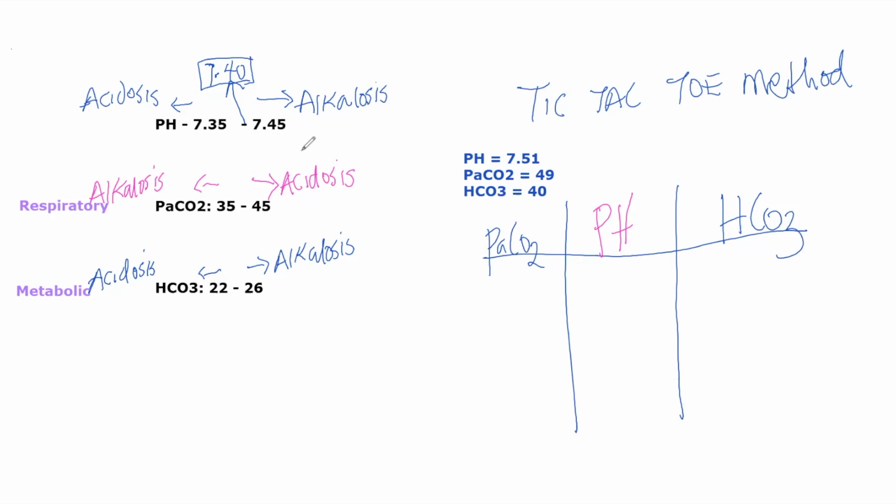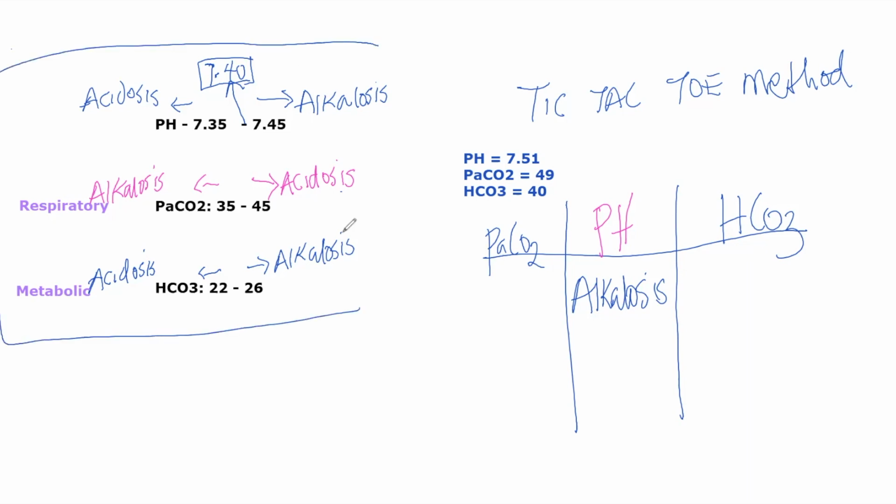That is alkalosis, because it is greater than 7.45. So we write down what our pH is, which is alkalosis. Our PaCO2 of 49 is acidosis, because it is greater than 45. Think of this as my key, my reference point, that I'm using to solve my questions.